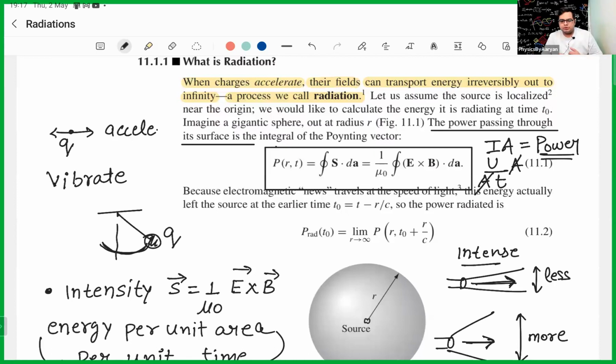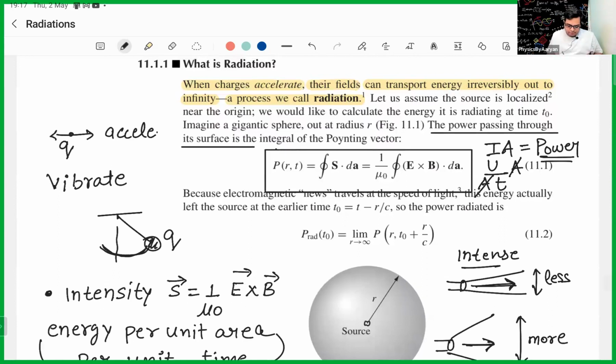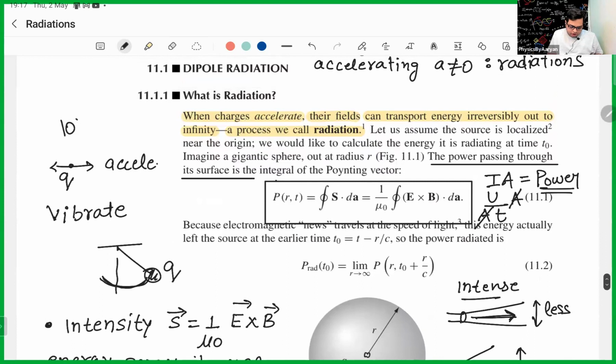The more basic reason is, let's say you go to the market and buy a bulb. You say, give me the bulb of 10 watt. You don't say, give me the bulb of 10 joule. A 10 watt bulb means how much energy it will consume every second, and that is what is important to you.